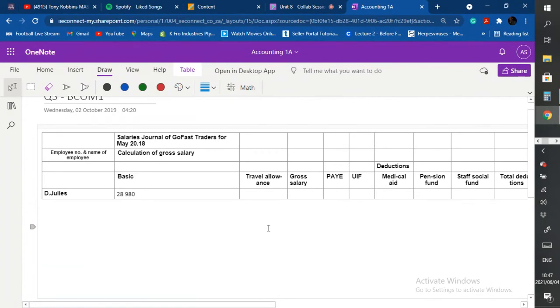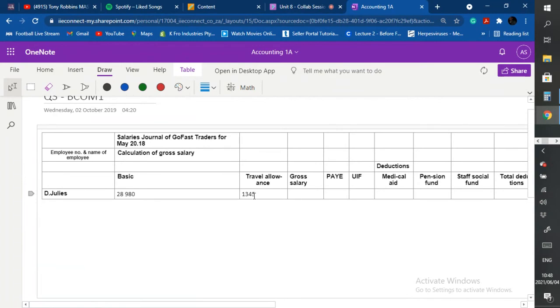All right, I'm going to proceed in the meantime. Here it says, during the month of May 2008, Damien received a travel allowance of 1,345. So immediately we can also plug that in. 1,345.